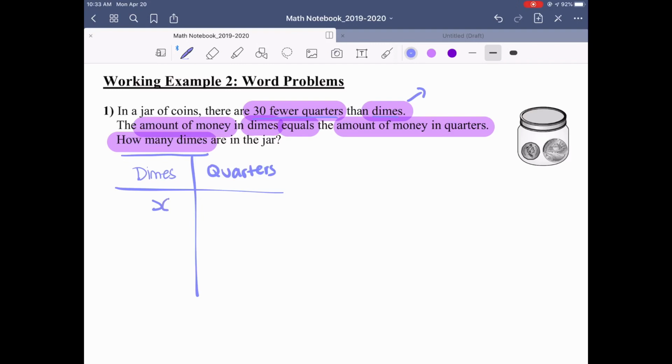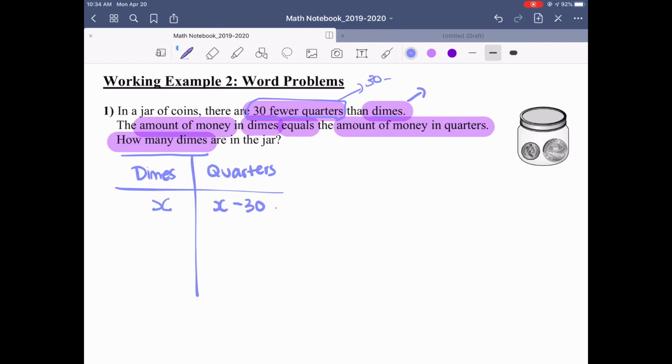So we can make dimes x, and then it says that there are 30 fewer quarters than there are dimes. 30 fewer means that it's 30 less than that. If you take a look at the how to turn algebra words into algebra sheet, you'll see that the word fewer means subtraction. So whatever the number of dimes was, which is x, there's 30 fewer of them in quarters. So the amount of quarters is 30 less than the amount of dimes.